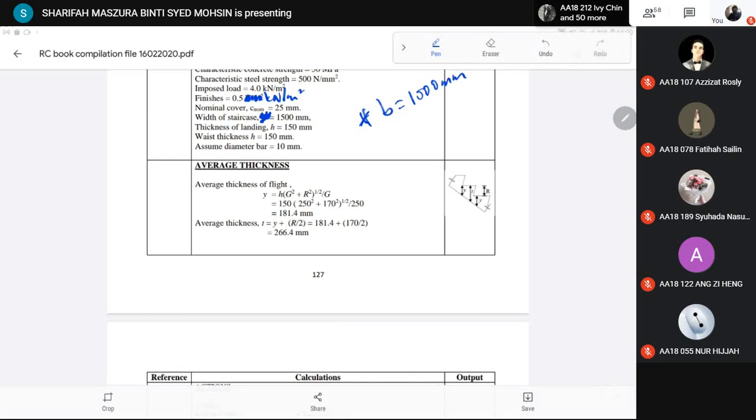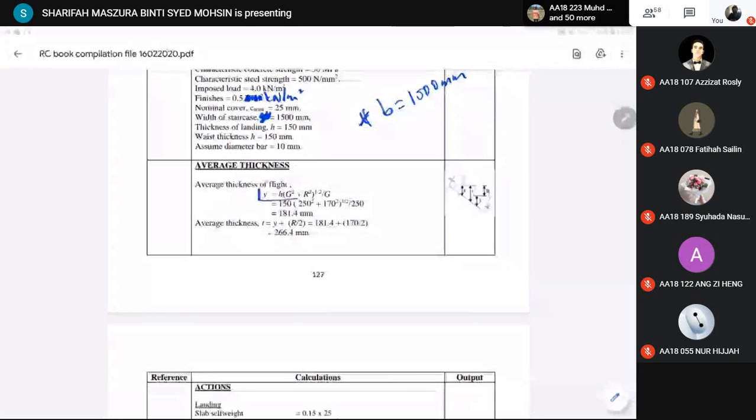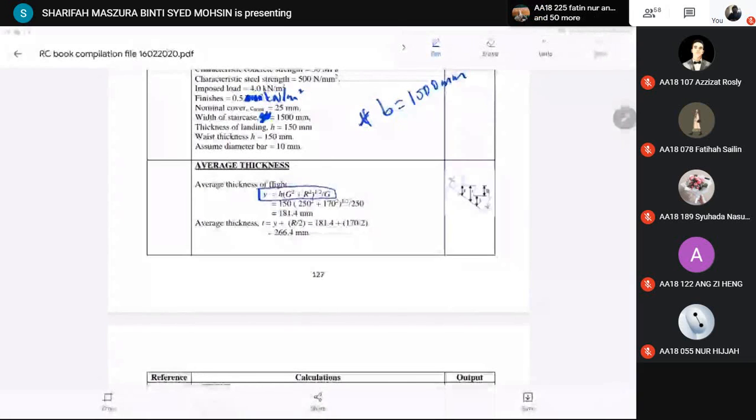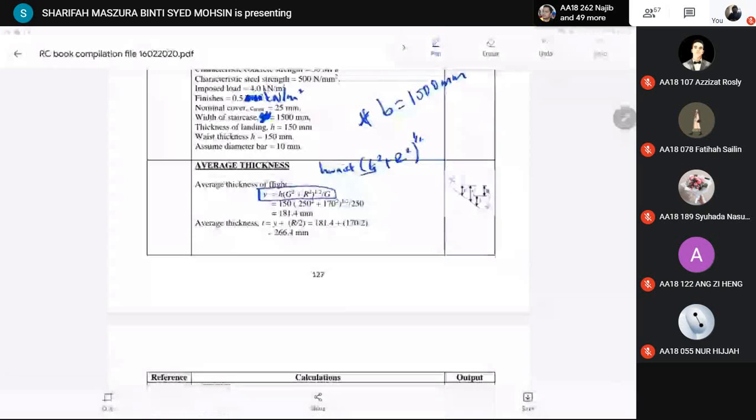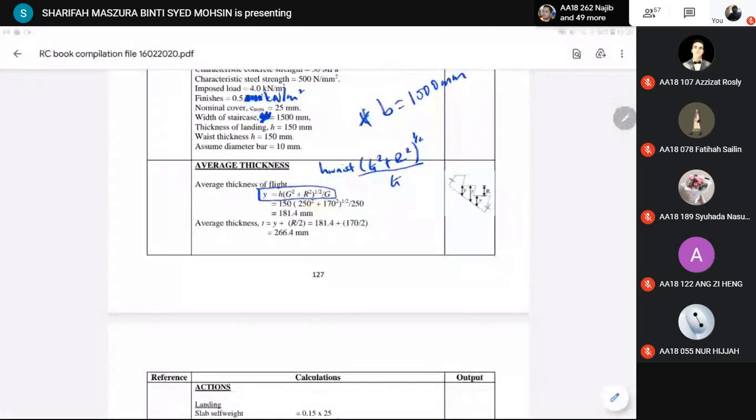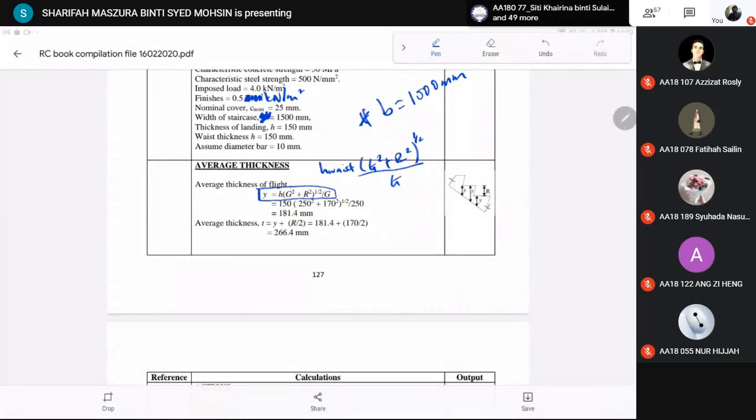So first, the average thickness of the flight. This one you have to memorize, the equation. Y equals h waist times the square root of G squared plus R squared, divided by G. So we get 181.4 millimeter.